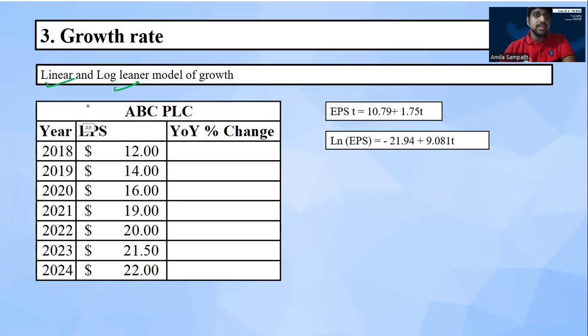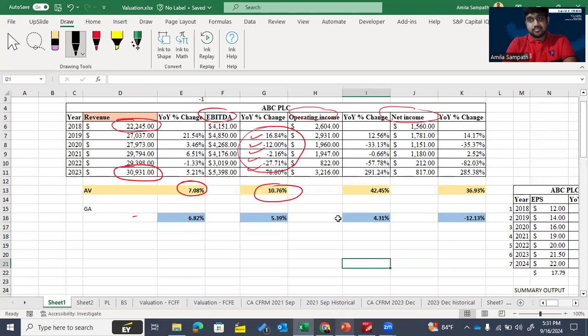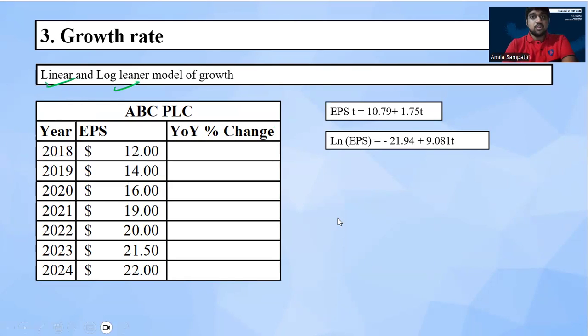From the linear model, we run the regression model based on the given raw data, and from that we try to identify the relationship between the given details. Here we have details for earnings per share. We try to identify the relationship between earnings per share and the year.